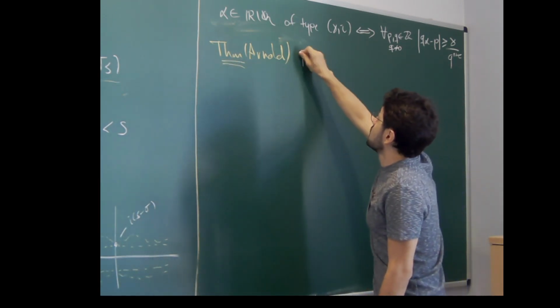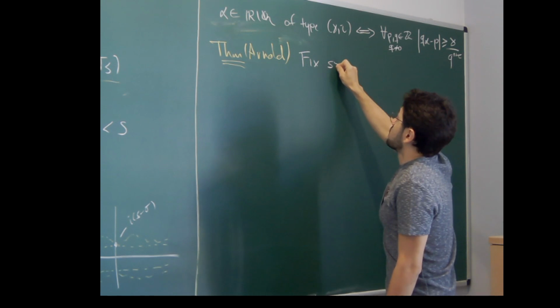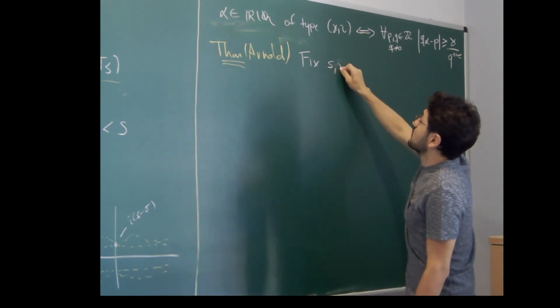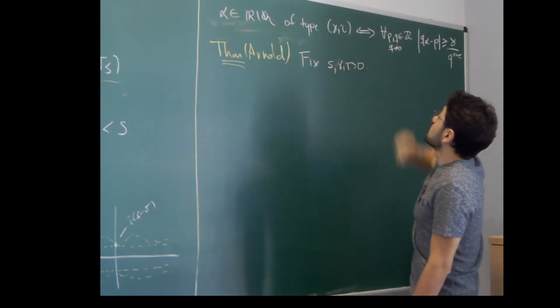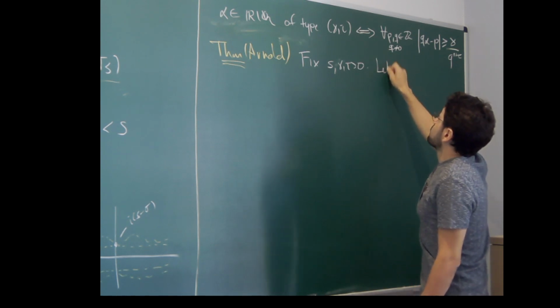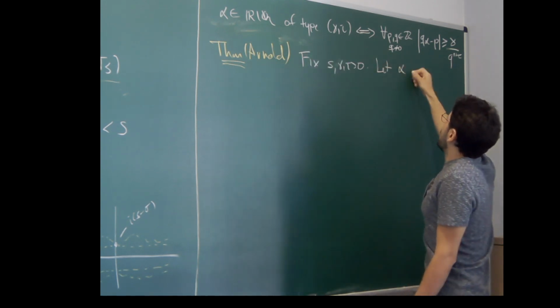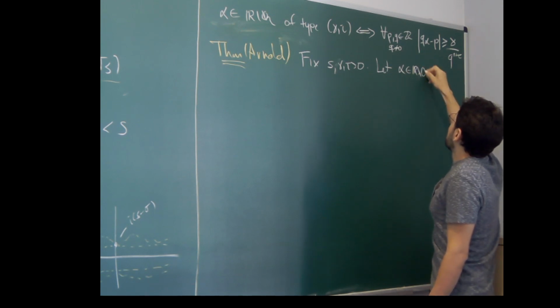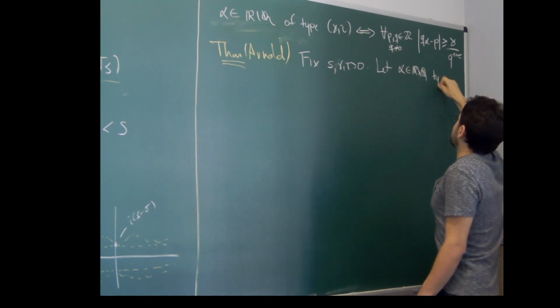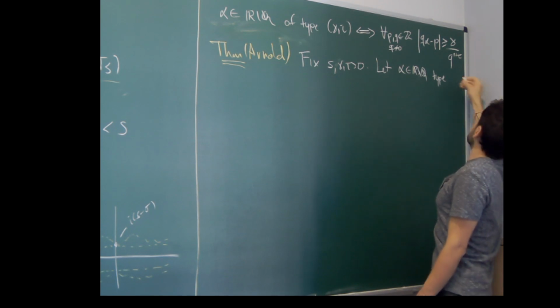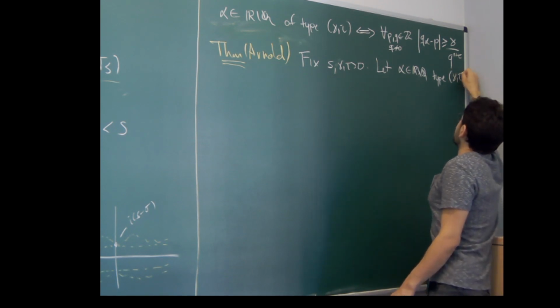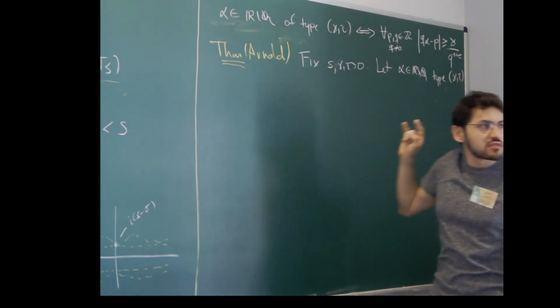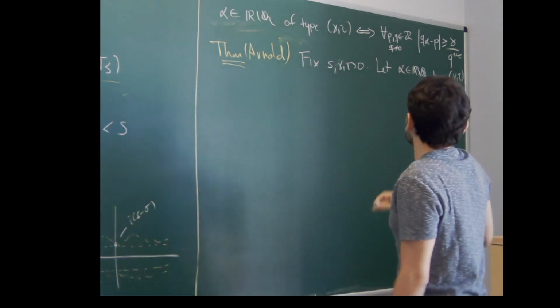Start by fixing some domain of analyticity, some Diophantine constants, and I will pick an irrational number of type gamma 2. Is it okay if I write very in the corner? Is it okay for everyone to read? Okay.